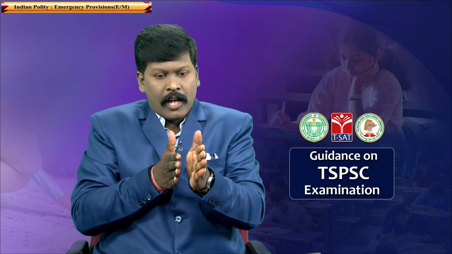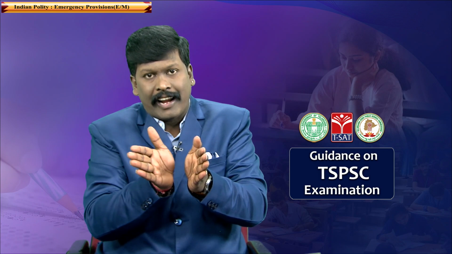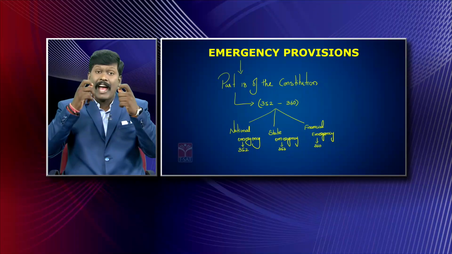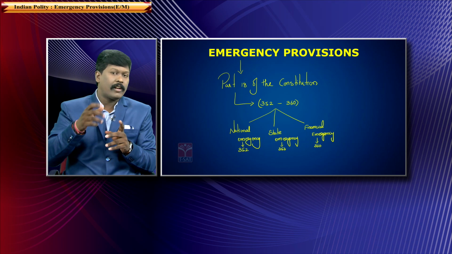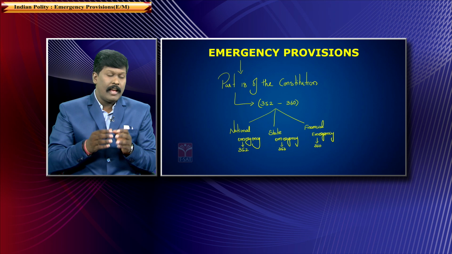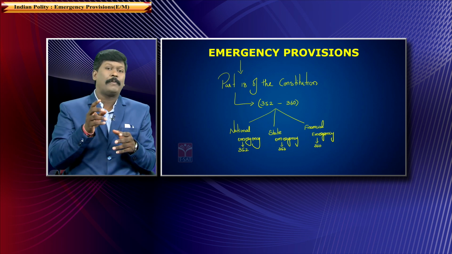To put it simply, when the government loses track and goes offside, the emergency provisions make sure the government is on track again. Government is the system which has to follow the Constitution and work in this country. So this is an introductory explanation of why the emergency provisions have been inserted in the Constitution.